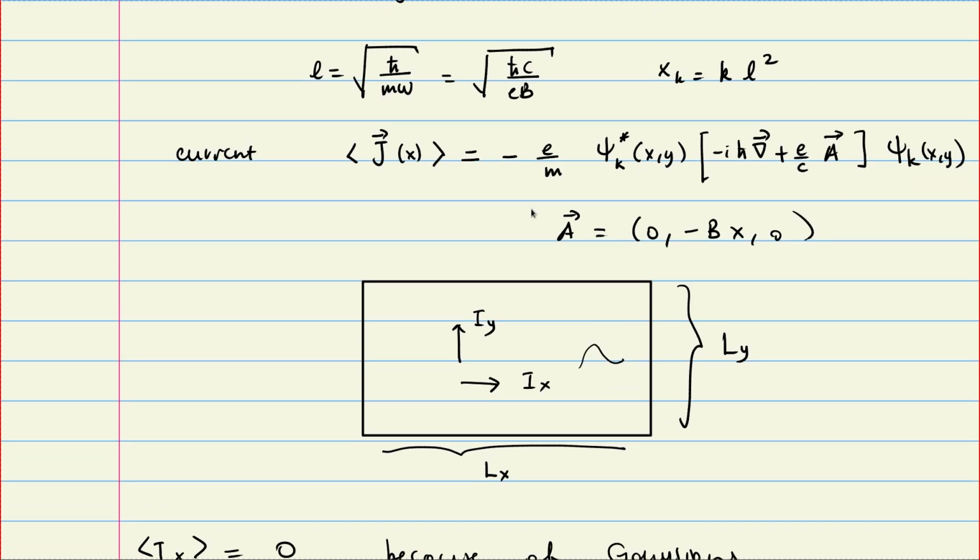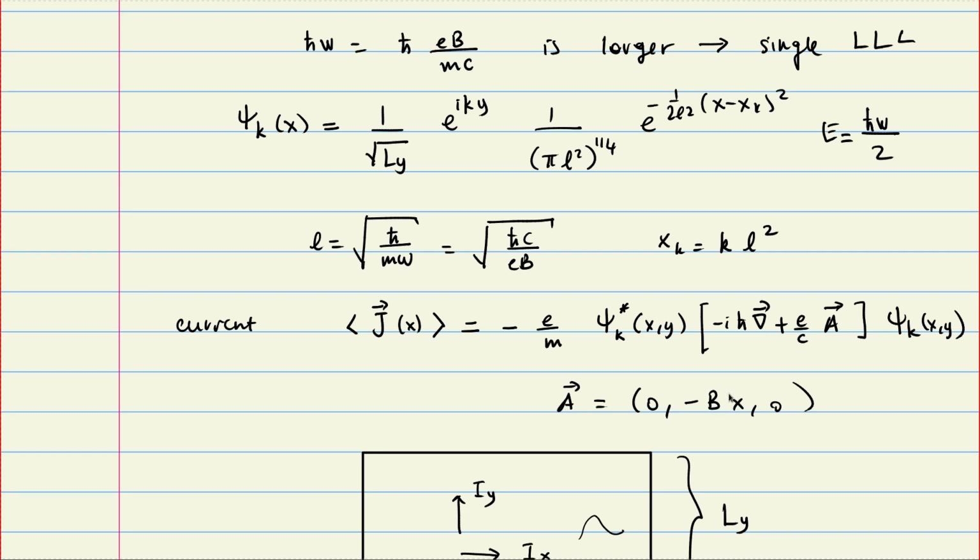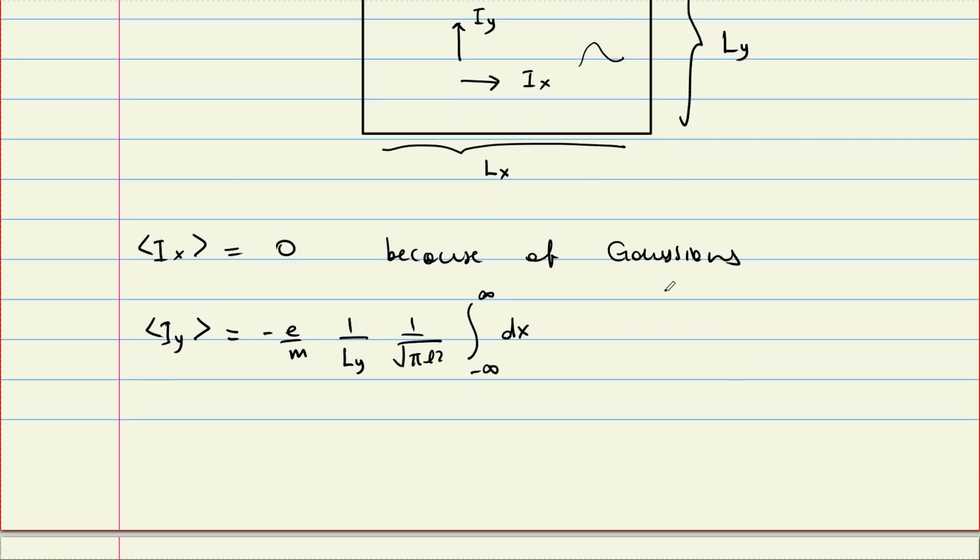So when I need to take the y component of this, and the y component of this hits on this wave function, it's going to bring down an ik, and there's also minus i h bar, and they are going to combine. And for the vector potential, the y component is going to come with minus Bx. So I'll operate all these and then combine all the vectors.